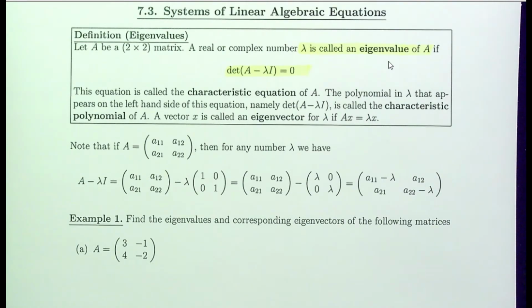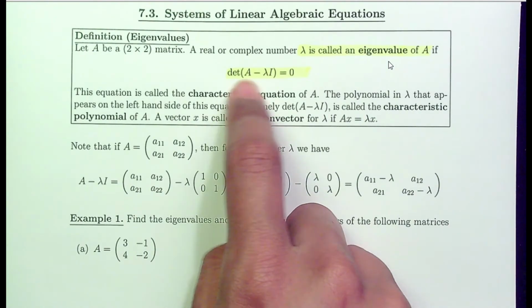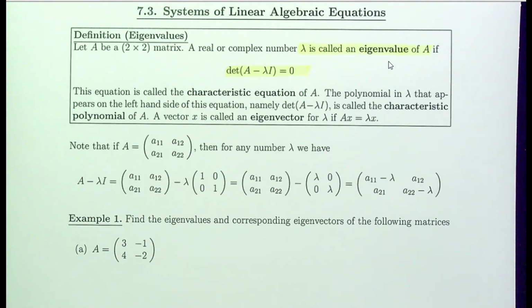The whole equation is going to be called the characteristic equation of the matrix A. And the polynomial is called the characteristic polynomial, the polynomial that resolves on the left-hand side when you do this calculation. Now, it is a theorem that when that happens, there is a vector.